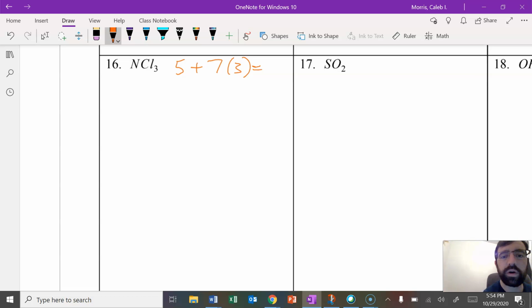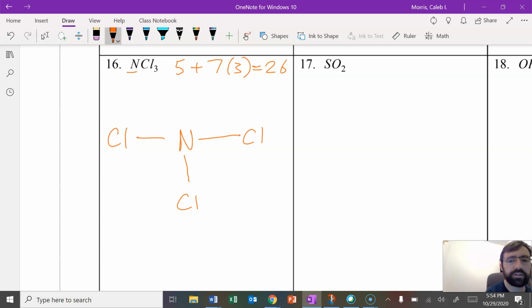So I have 21 plus 5 is 26. Start with nitrogen as our central atom with 3 chlorines. So 1, 2, 3. 1 bond to each. That's 2, 4, 6 electrons.